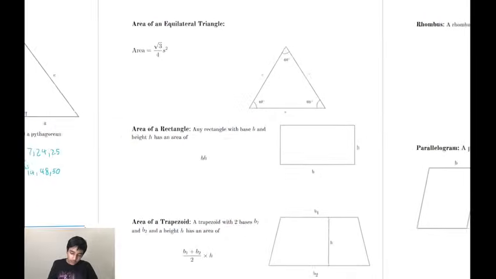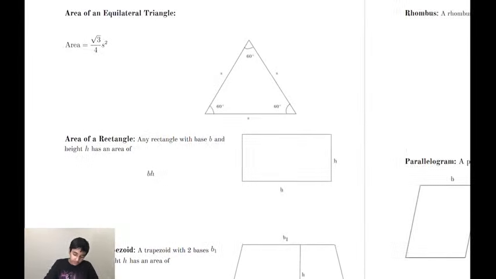The area of an equilateral triangle is going to be root 3 over 4 times the side squared. And we can actually figure out why this is true by using 30-60-90 triangles. We can divide this up into two 30-60-90 triangles. If you remember from 30-60-90 triangles, if this is S, this will be S by 2, and then this will be S root 3 by 2.